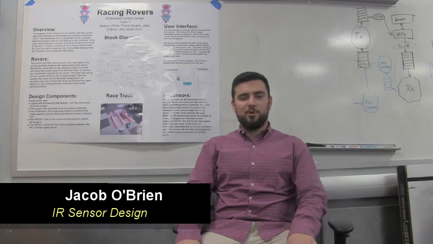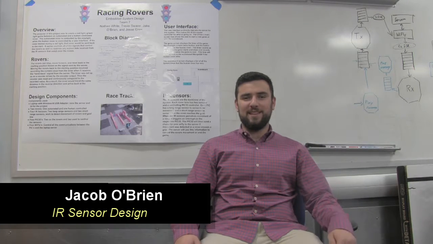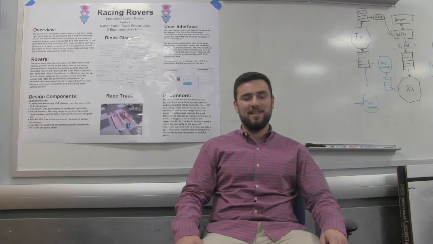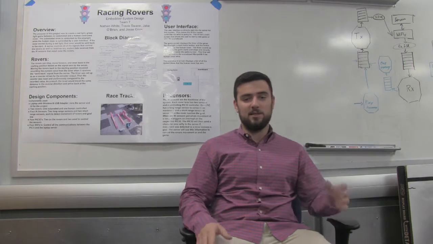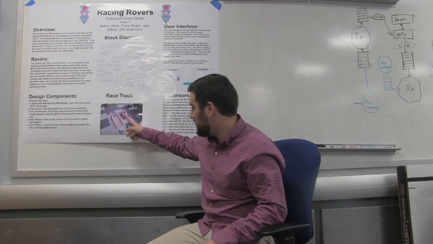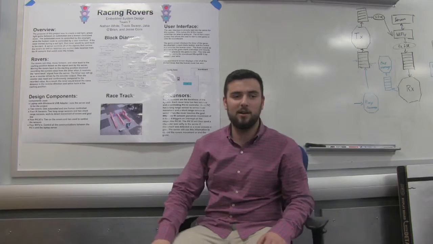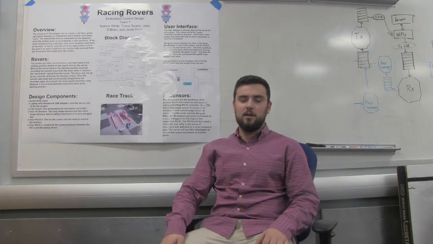Right, so my portion of the project was the IR sensors, which I like to think is the backbone of our project. So the design was there's two sensors on each side of our rovers here. As you can see, there's two lanes, and each side has two pickups. One for the goal, one for the distance.